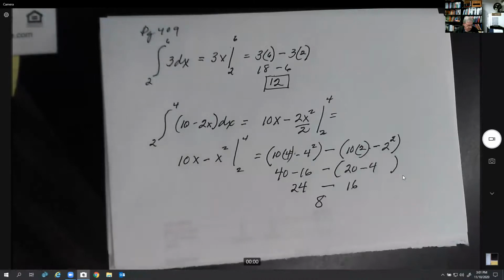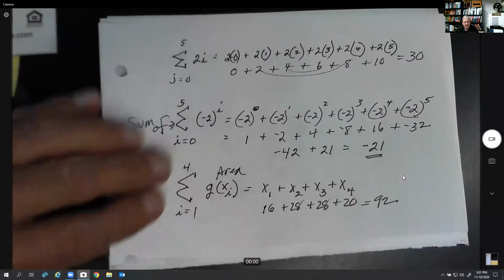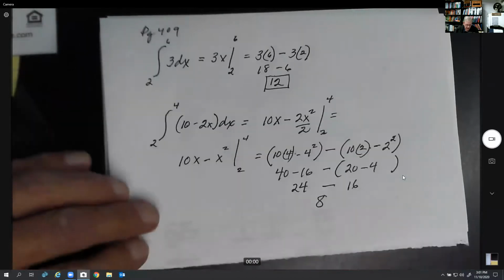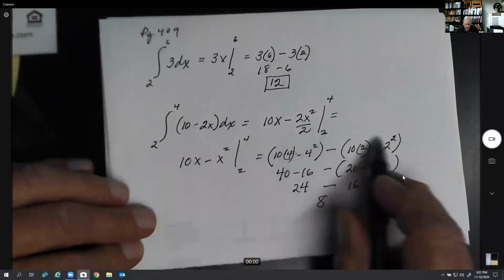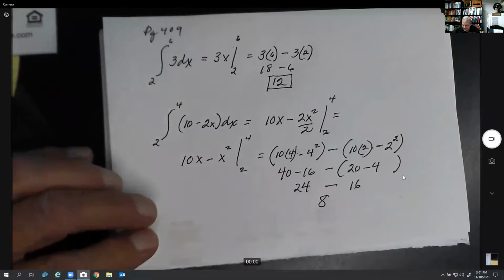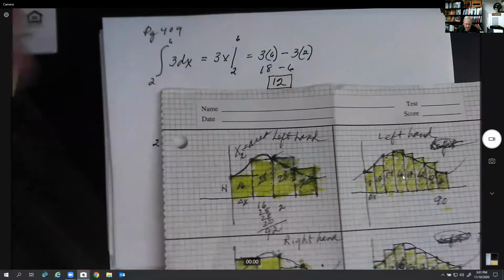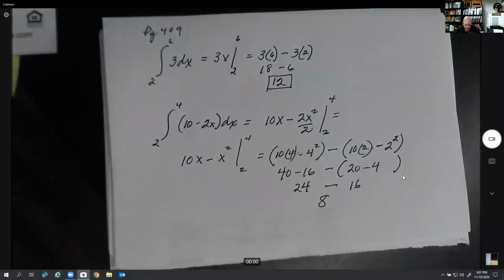So on your quiz, let's go back here, we're going to have some evaluations of these summations. And then we're going to have some of these things, not too much on Riemann sums. I have a little extra credit where you can do it by Riemann sums and try to figure the area under it, approximate area using Riemann sums.